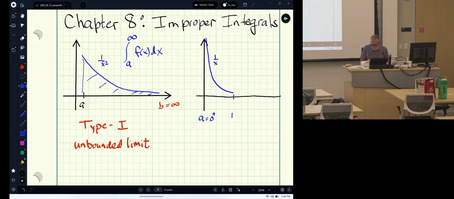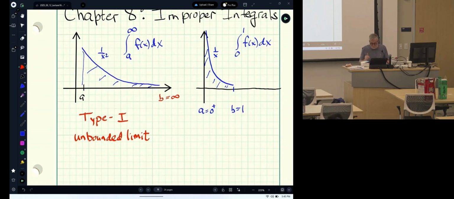And we'll do, say, b equals 1. Then we've got the integral from 0 to 1 of f of x dx. So infinity is showing up. And so this is an unbounded function.